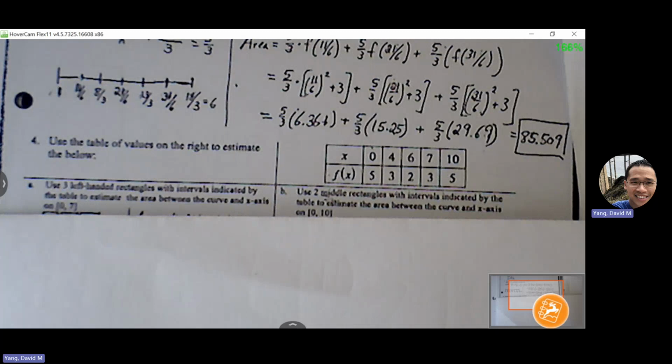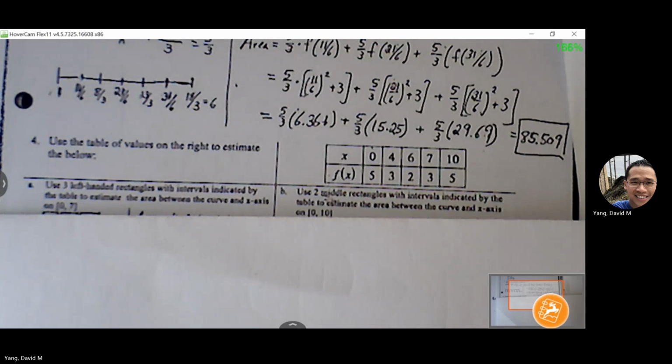So you get to build your subintervals here. I'll go from 0 to 4, 4 to 6, 6 to 7, and let's subtract those numbers. So 4 minus 0 is 4, 6 minus 4 is 2, 7 minus 6 is 1. So those are your widths. Always do right minus left to get the width.